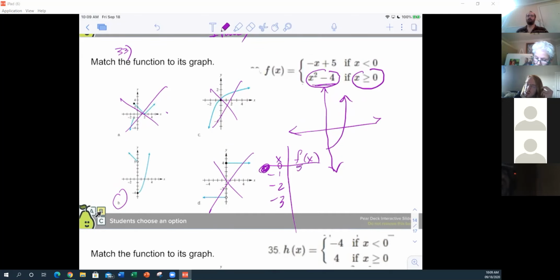If I put -1 in there, negative of -1 is 1, plus 5 is 6. If I put -2 in there, negative of -2 is 2, plus 5 is 7. Negative -3 is 3, plus 5 is 8. And if I plotted those points, this is what I would get right here. So it is B.